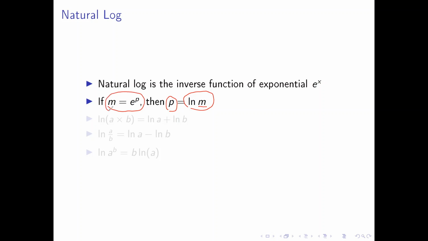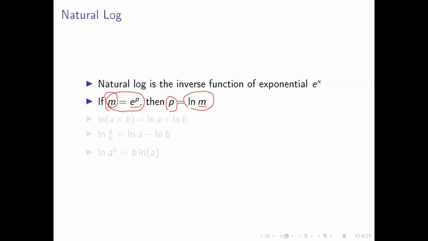So it reverses the mathematical operation here. Let's raise base e to power p, and we know e and we know p, and we want to know what the final product is. The final product is n. So n is what we want to know. But now we reverse the question.